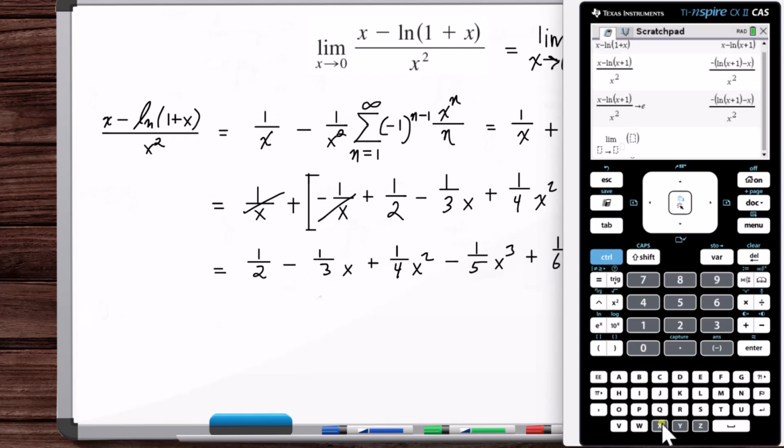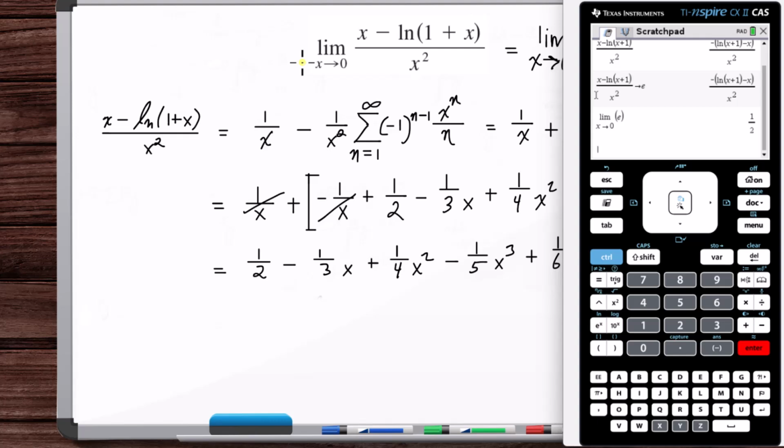Limit as x approaches 0 of e is 1/2. Maybe this limit, using the standard limit techniques, you can't evaluate. Not even using L'Hopital's rule is there a way to evaluate it, but maybe the calculator has an if-then statement programmed in it: if you can't evaluate with normal means, then it goes to the power series technique.